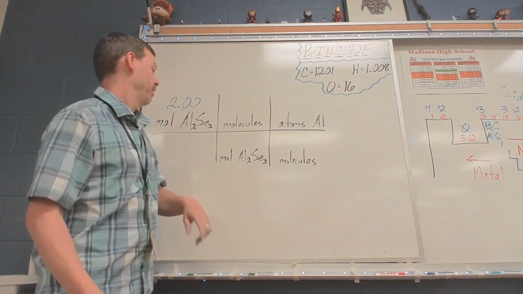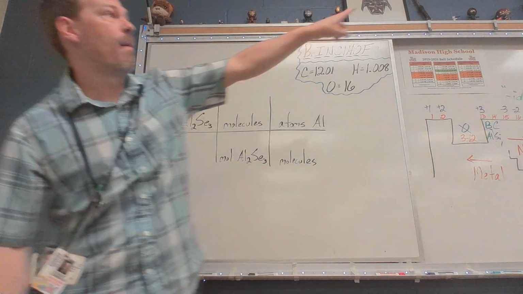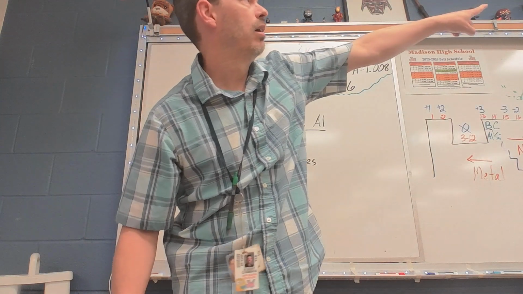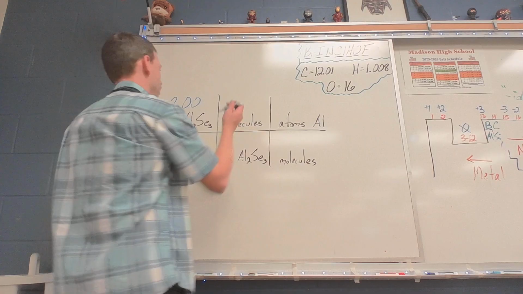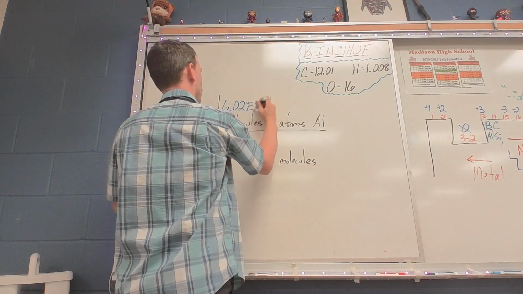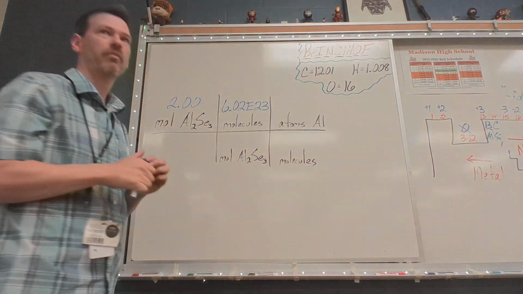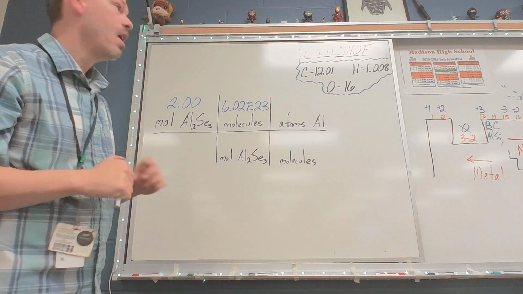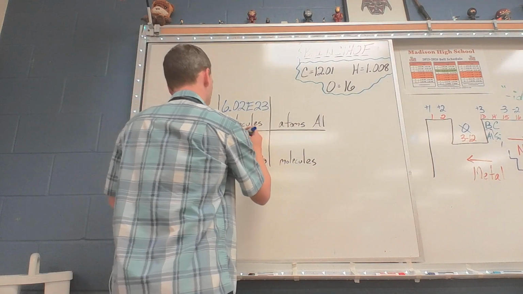Let's see if we can fill this in. Molecules and moles are both in the yellow highlighter. The molecules value is Avogadro. The moles value is 1.